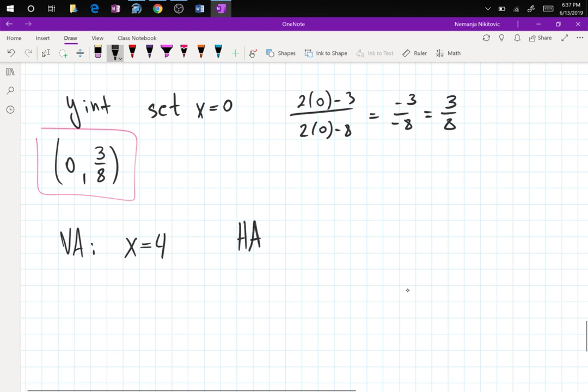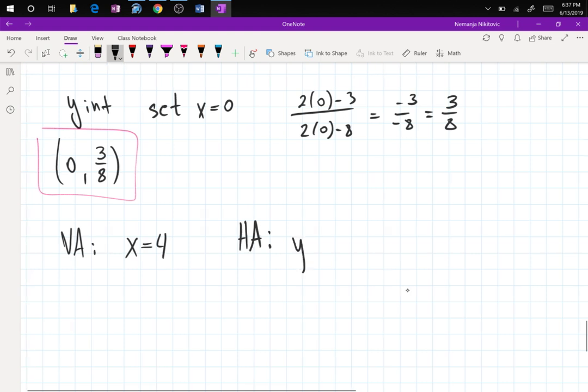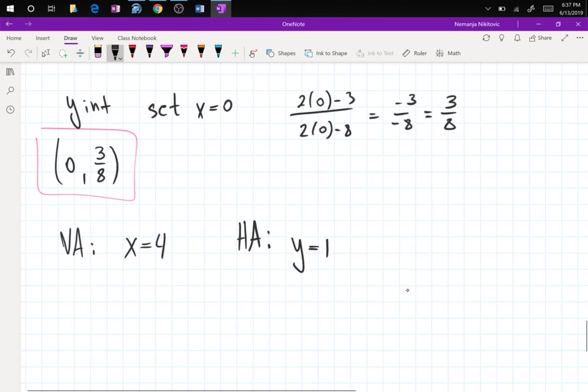How about horizontal asymptote? Y equals 1. Nice. If you have that one, you can't have slant, because the slant asymptote and the horizontal asymptote are mutually exclusive. You can get this in a few different ways.